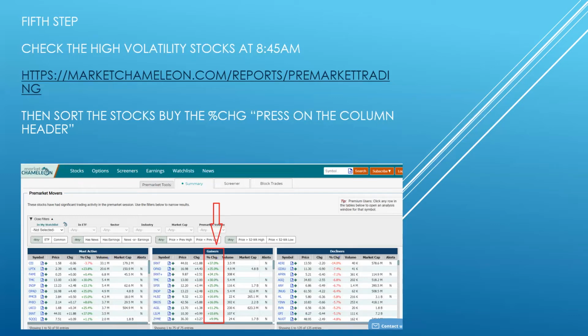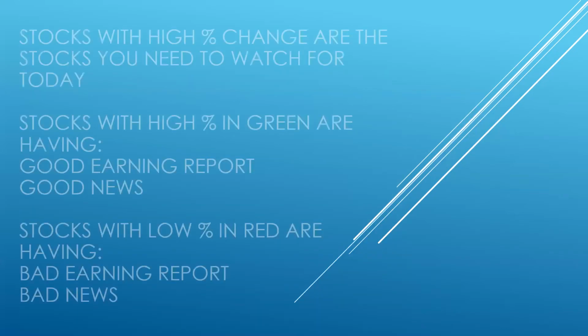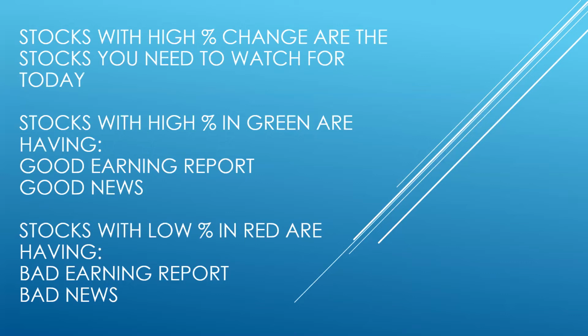So you can check the gainers, for example, as you see in the presentation, and you can sort them just by clicking on the percentage change, and then it will sort all the stocks from the high volatility to the low volatility. Stocks with the high percentage change are the stocks you need to watch for today. Stocks with the high percentage in green are having either a good earning report or good news. Stocks with the low percentage in red are having bad earning reports or bad news.